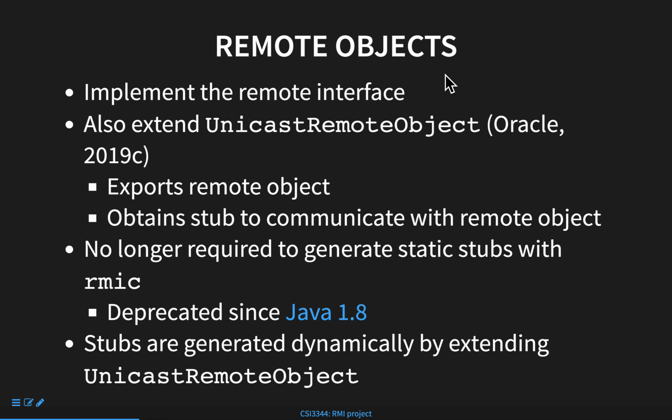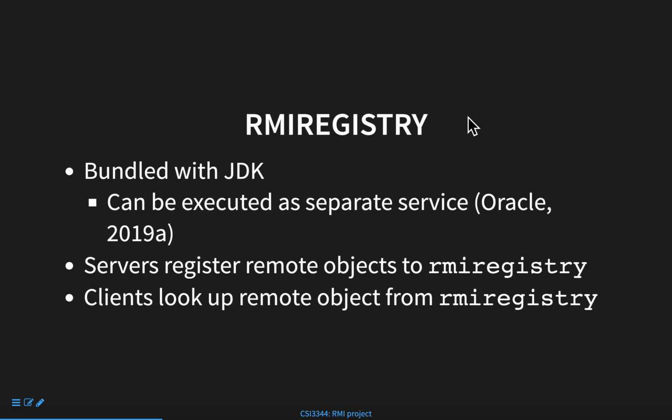I believe before Java 8, you had to generate static stubs with RMIC, or at least it was optional. It's now been deprecated in Java 8, and stubs are now generated dynamically, and all you really need to do is extend UnicastRemoteObject, which is cool. You don't need to deal with any static class generation, which is awesome.